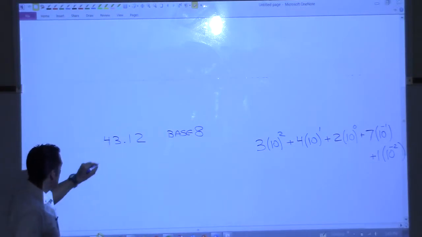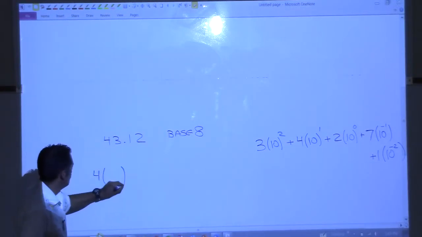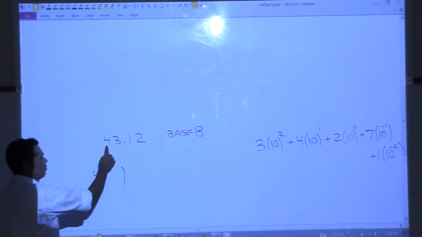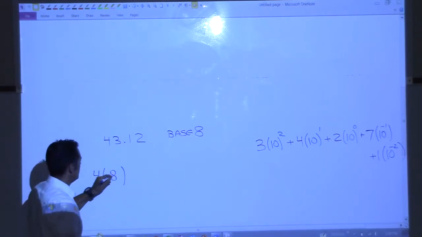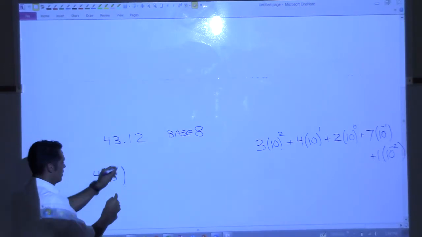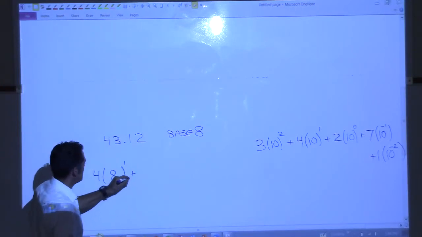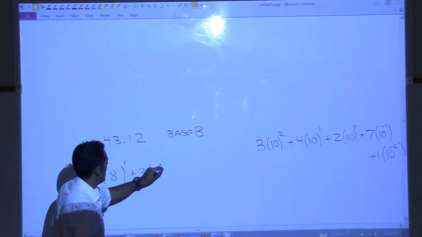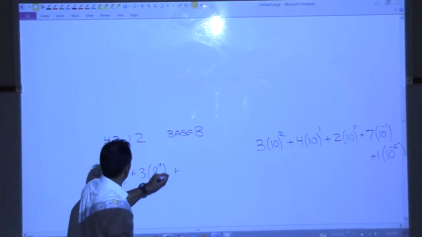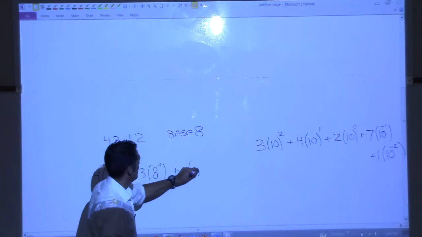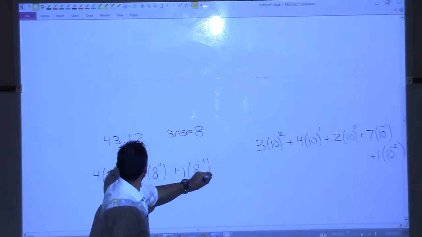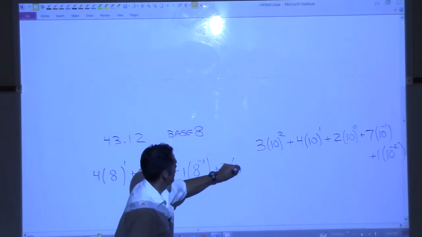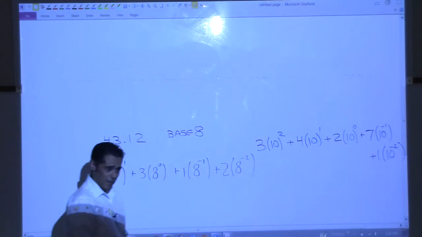So this really means 4 whats? 4 eighths to the, be careful, first power, right? Plus 3 eighths to the 0 power, plus 1 eighth to the negative 1, plus 2 eighths to the negative 2. That make sense?